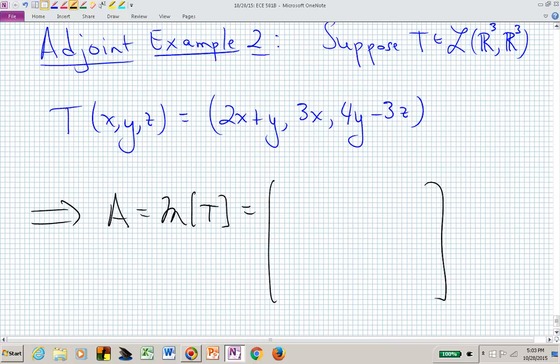I'm hoping now you can really just write down that matrix representation without a whole lot of effort. The first row in A is, what do I have to populate the first row with to produce 2x plus y if this A is scaling x, y, z? 2, 1, 0 is my first row. Second row, 3, 0, 0, and the third row.